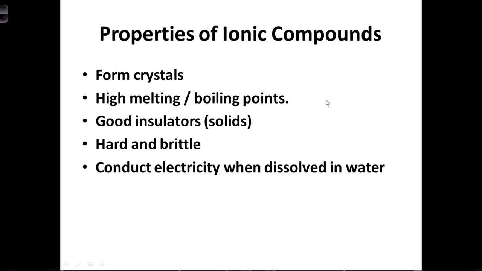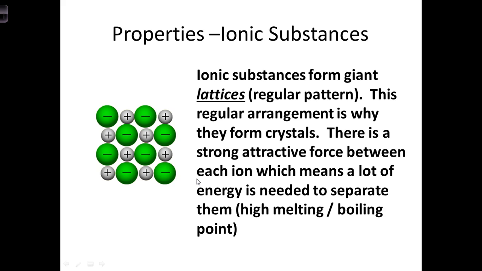So let's have a look at why they do those things. To better understand that, we have to look at what makes up ionic compounds and how they're held together. Ionic substances form giant lattices. A lattice just means a regular pattern or arrangement. This might be my sodium chloride. The sodium would be the plus ones, the metal, and the non-metal has become negative, the chlorine. They line up because opposites attract.